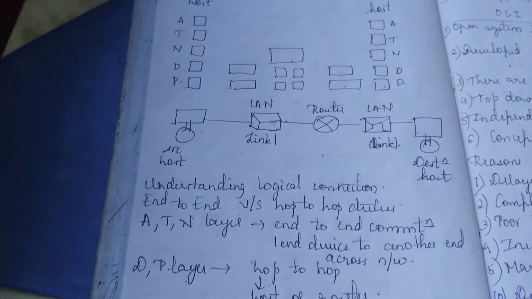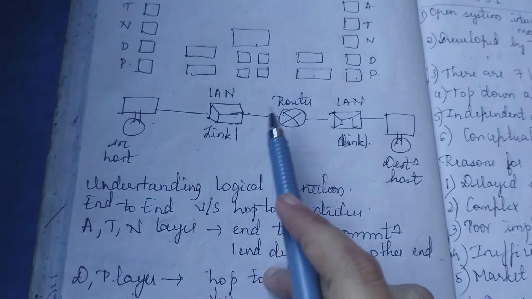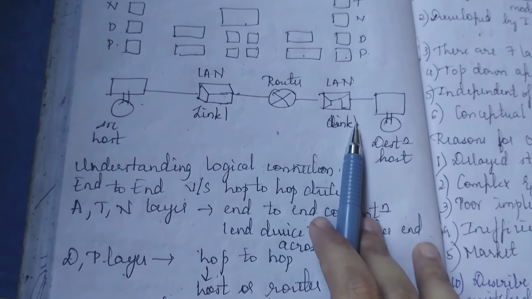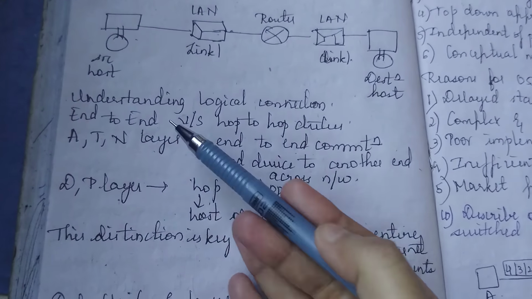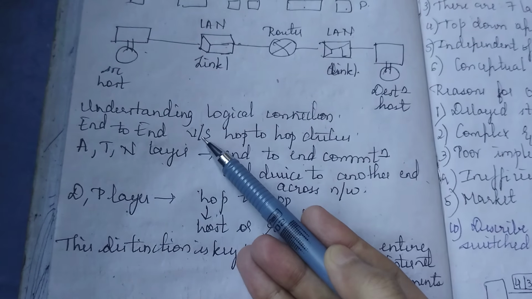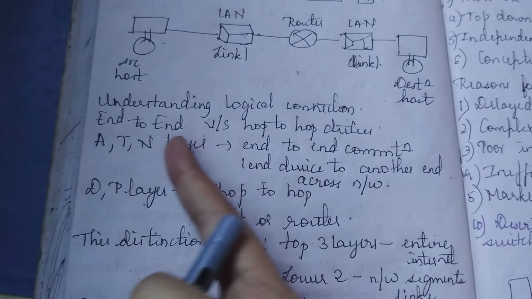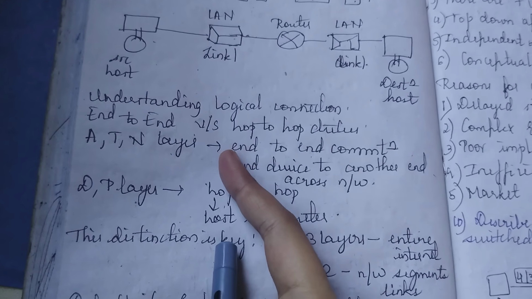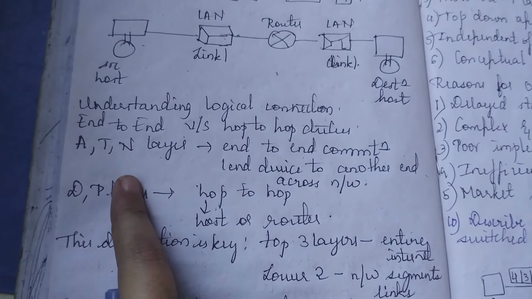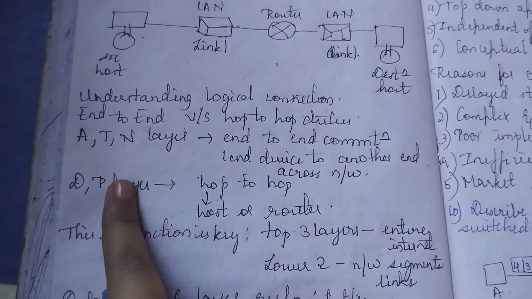When it comes to logical, please remember that the switch, or the router, and the LANs are involved, and you have to explain this. Now, how do you differentiate? The distinction is that the top three layers require the internet, and the next two layers require segment links.